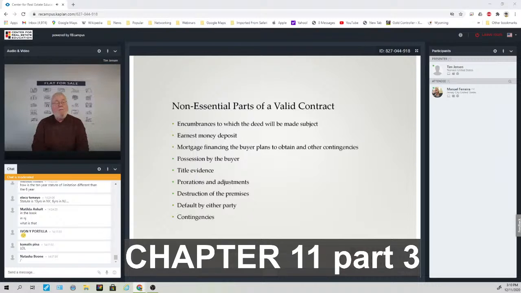Now, one contingency could be that the deal must close before December 31st. That could be a contingency added to the contract by one of the parties. But let's say the other party says, well, no, I have tax concerns, so I want the closing to occur in January. Therefore, that contingency must be accepted or rejected by all parties before they can move on.